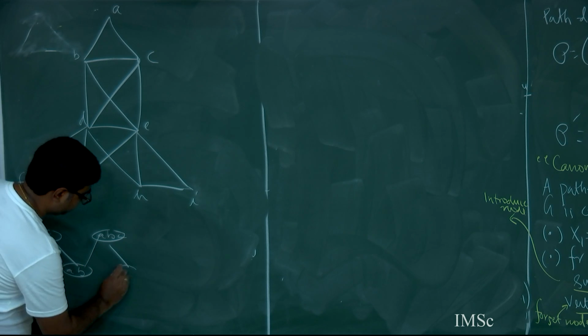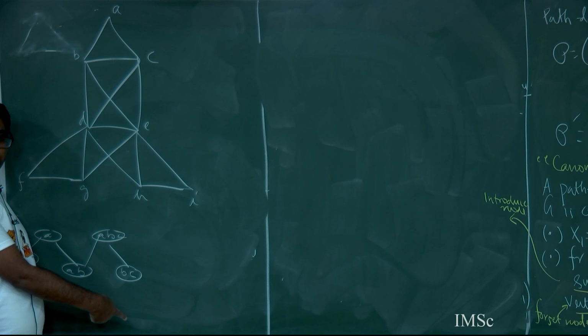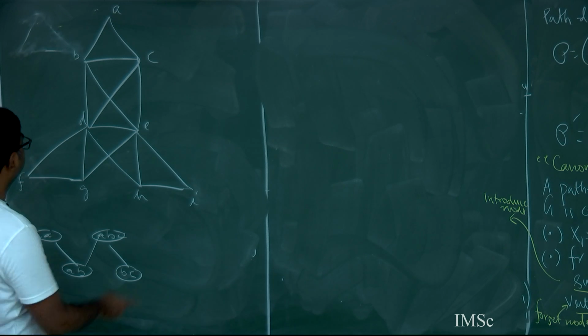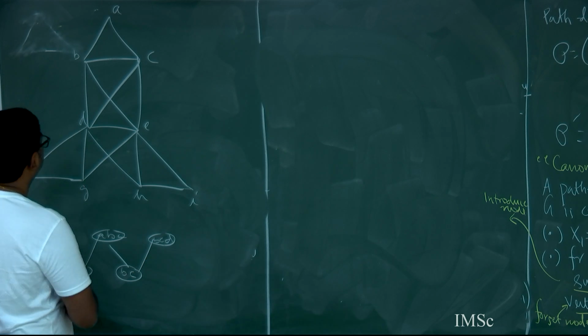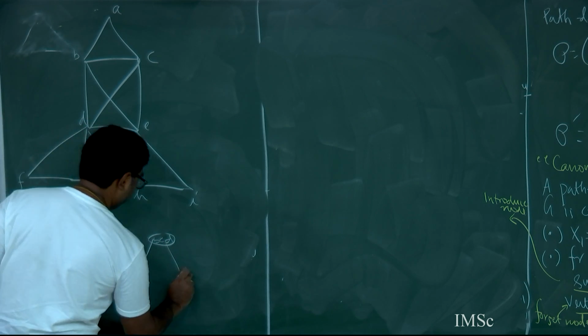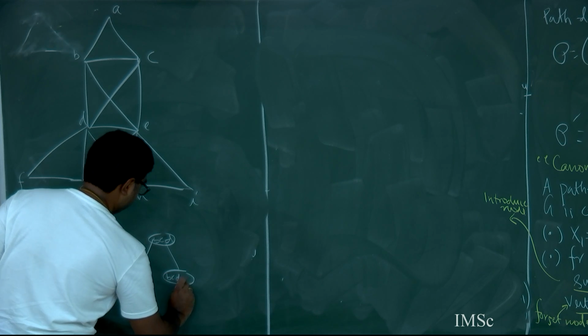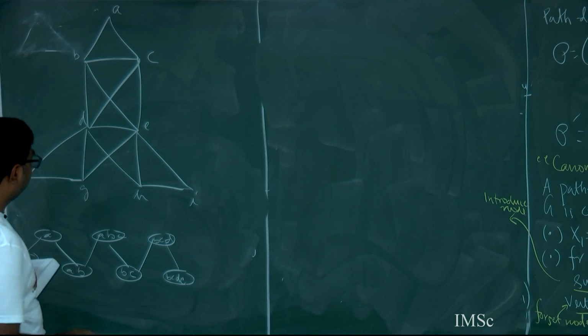So next I get BC, where from this bag I have forgotten something. Now from BC let us go back and introduce D, BCD, and from BCD introduce E, BCDE. Now who all should we forget?